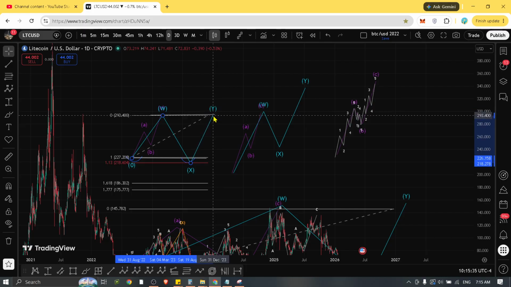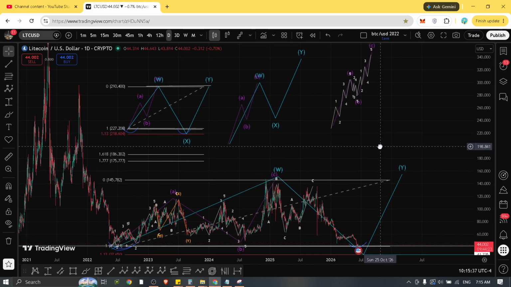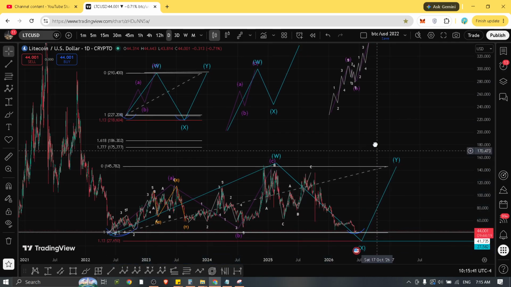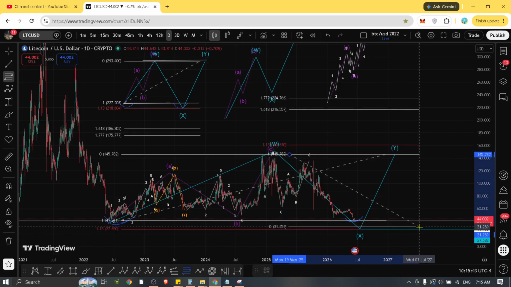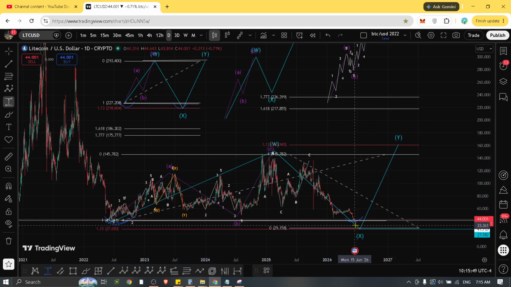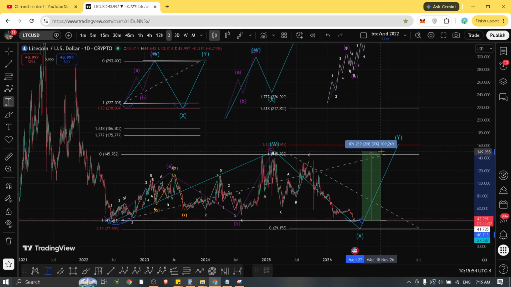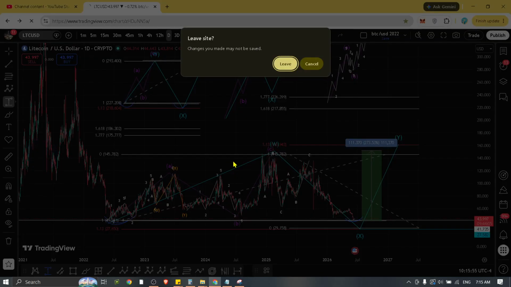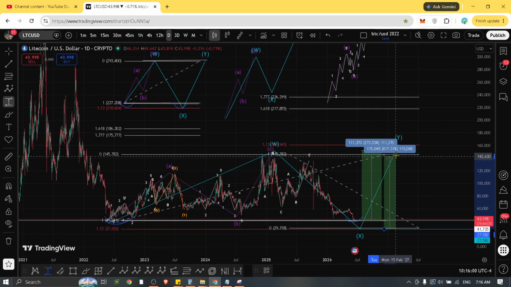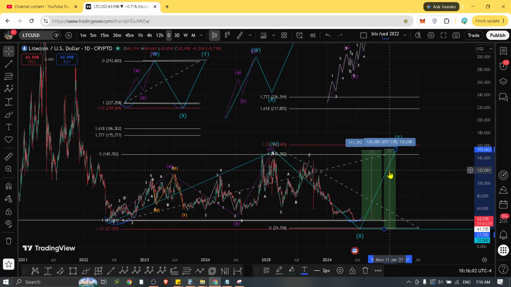Now this Y wave could be at a double top formation at 145, or it could be at an irregular at the 1.13 fib level. So you're looking at approximately, give or take, from such $40 mark, 200% return, or later at the 1.13, 400% return.